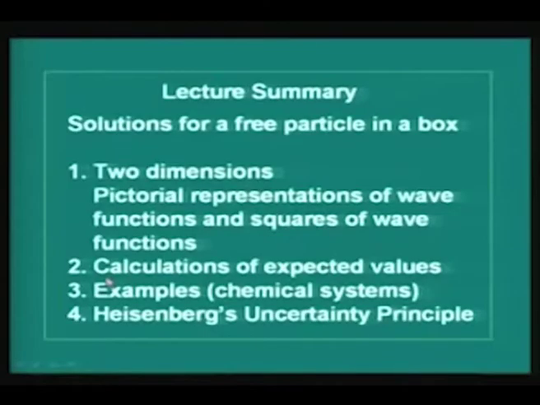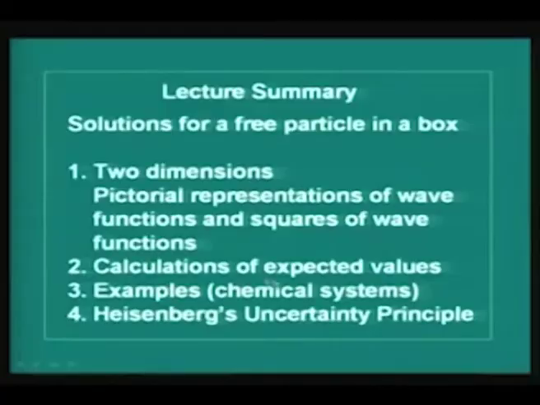The second most important aspect of today's lecture will be the calculation of the expected values or the expectation values in quantum mechanics. From the last lecture, please recall that when we talk about experimental measurements, quantum mechanics comes up with a rule for the average or the expected value of whatever we are trying to measure through a formula.